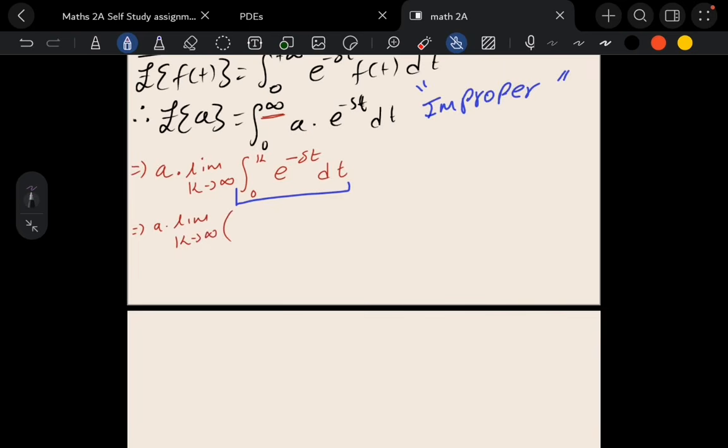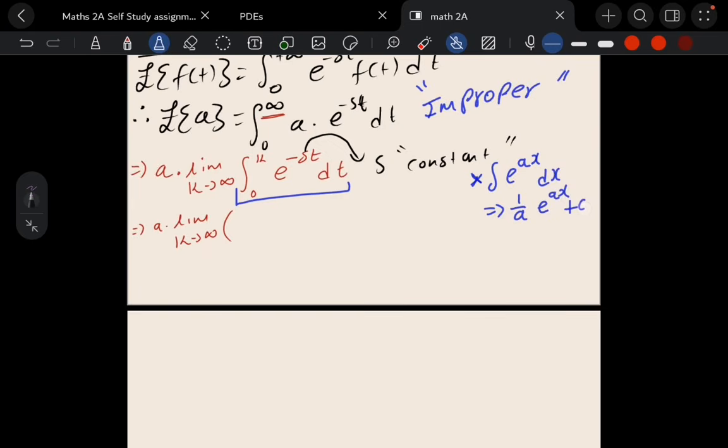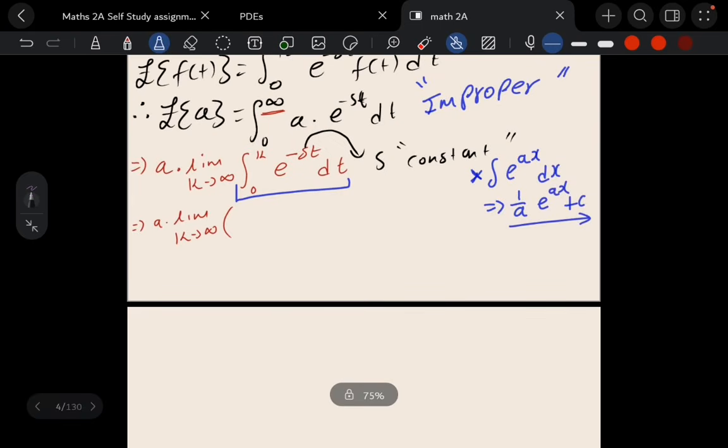What is the integral of e to the power negative st? What you need to know is that since we are integrating in terms of t, this s here is a constant. So we can just simply divide by it, remembering this rule: the integral of e to the power ax dx is always 1 over a times e to the power ax plus c. You still remember this from calculus 2, right?